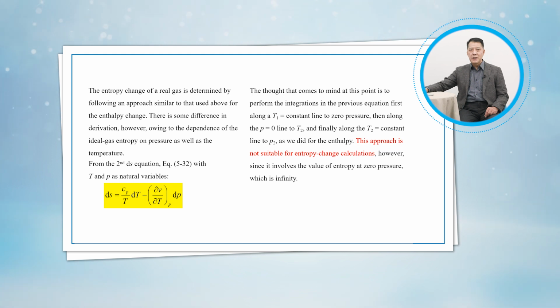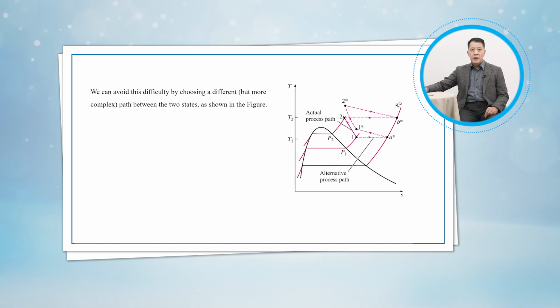which is infinity. We can avoid this difficulty by choosing a different path between the two states, as shown in the following figure.